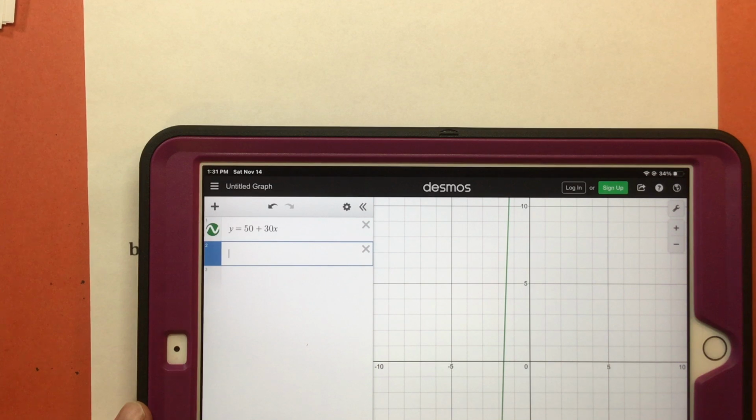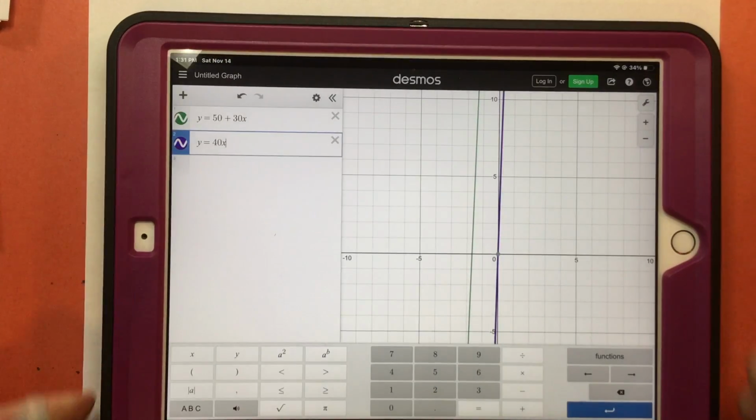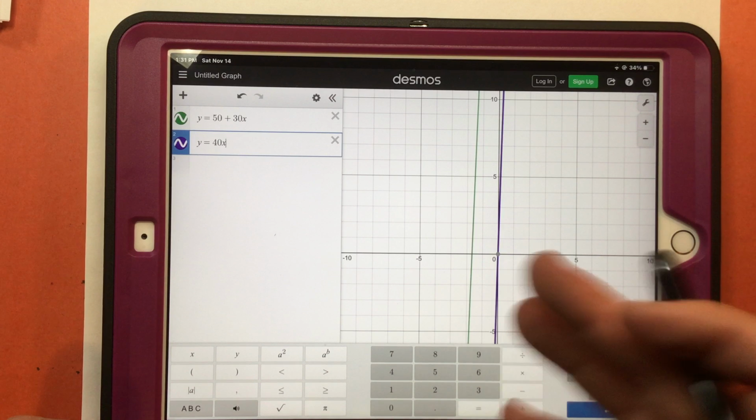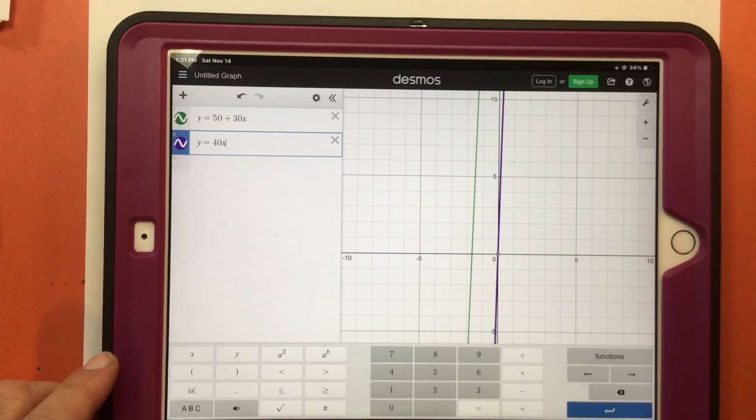And for my second one, y equals 40x. All right, now the graph, move that so you can see it. And by the way, I'm recording an iPad with an iPad. It's like iPad Inception. But that way, instead of me just switching over to my iPad screen, you can actually see my hand.